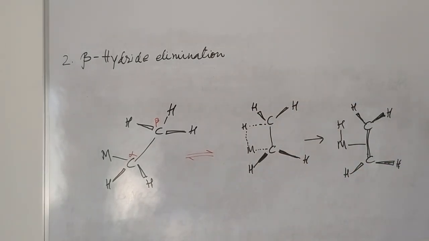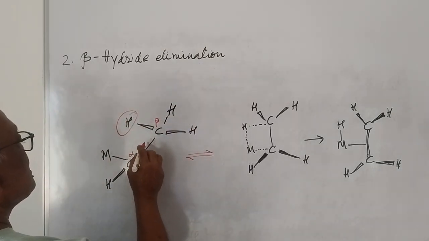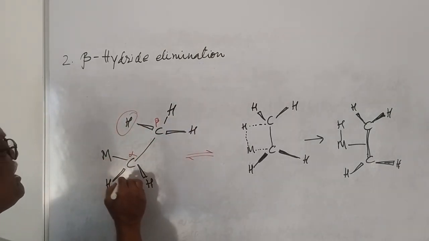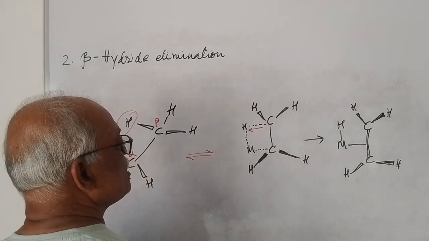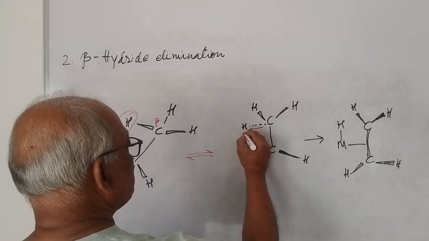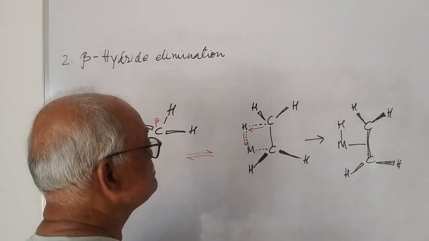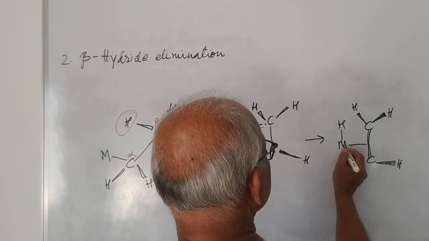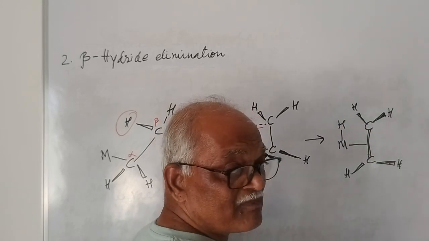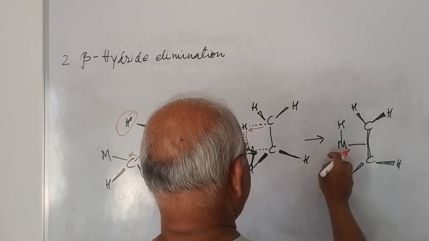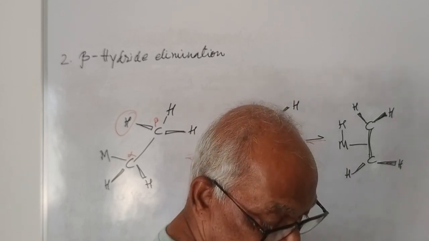After the complete transfer, this beta hydrogen is completely transferred to this metal. This hydrogen is moving away in this direction and this is coming closer to this metal. As a result, the metal hydrogen bond is completely formed. So this is also a reversible process.